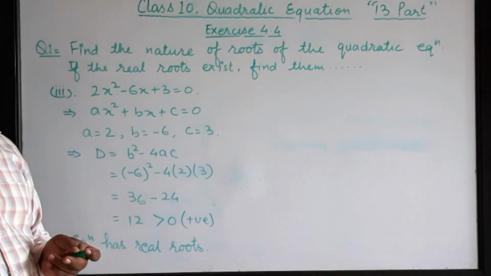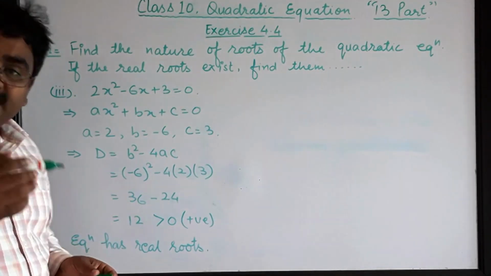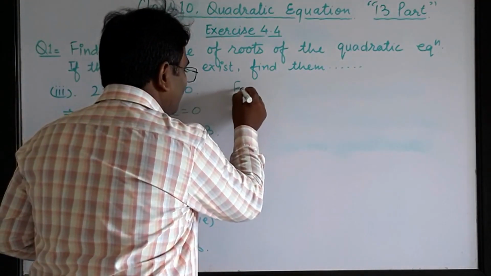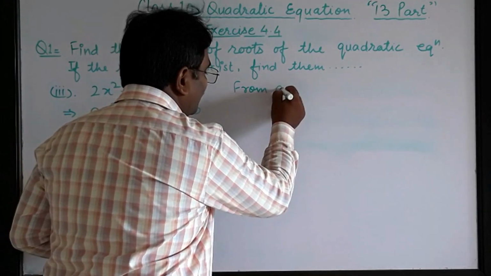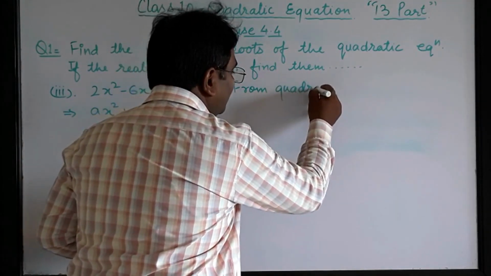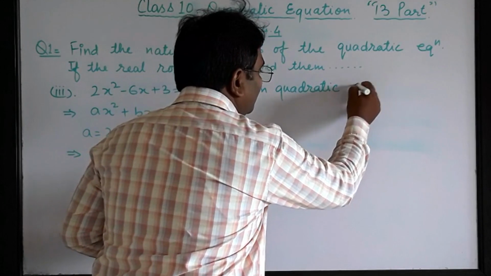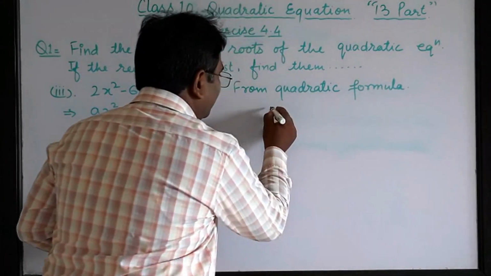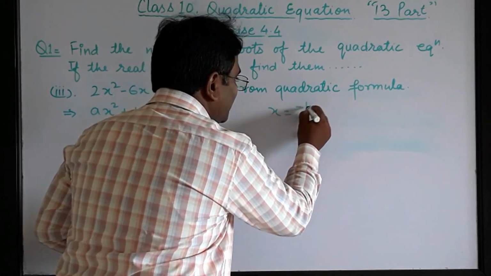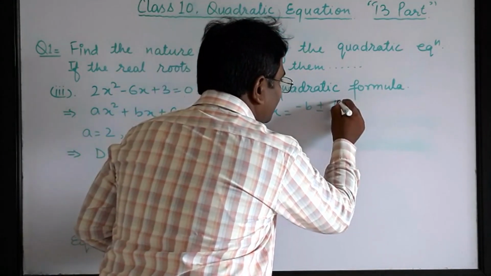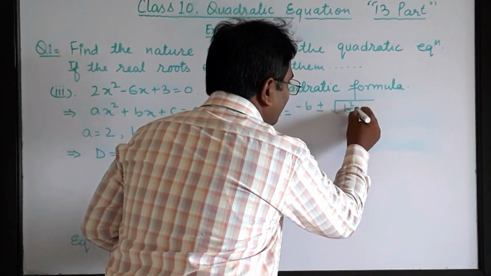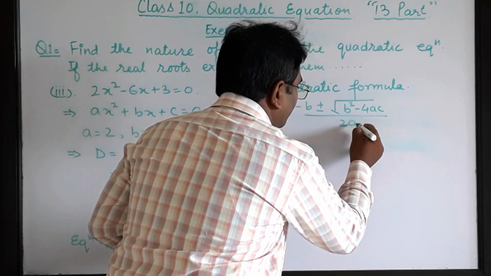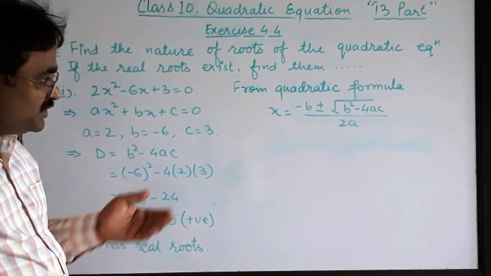As we have read in the quadratic formula, the roots are given by x equals to minus b plus minus under root b square minus 4ac upon 2 into a. Now substitute these values.